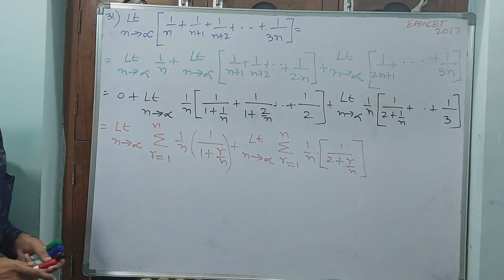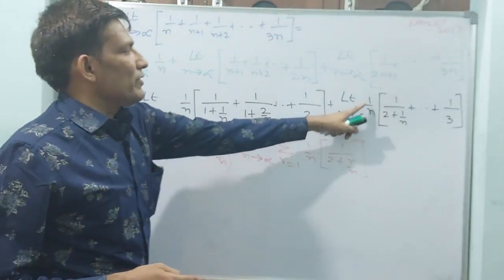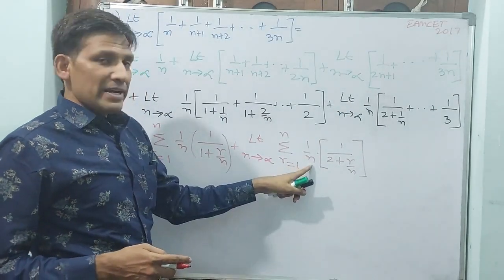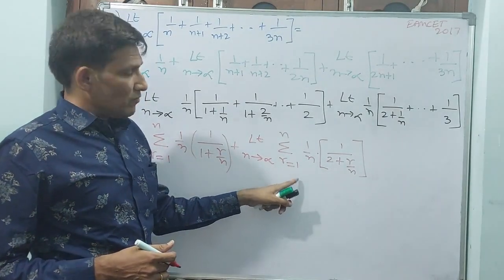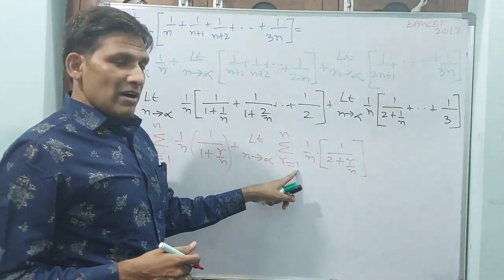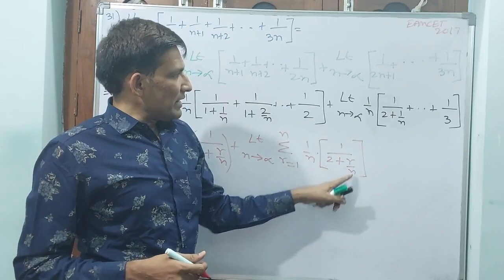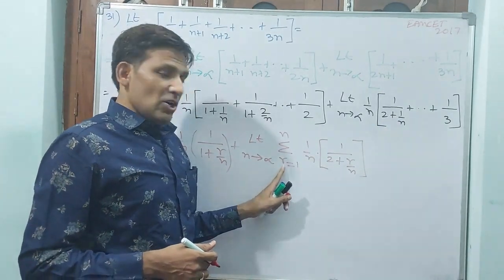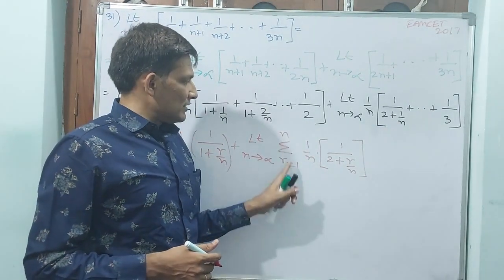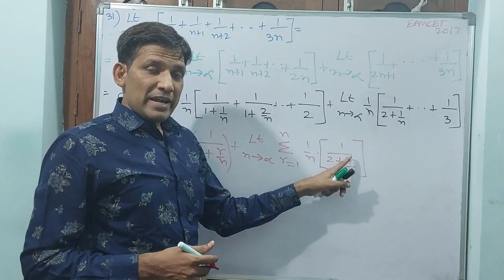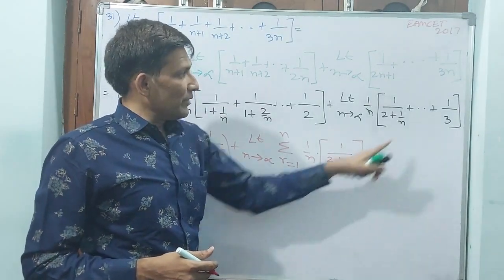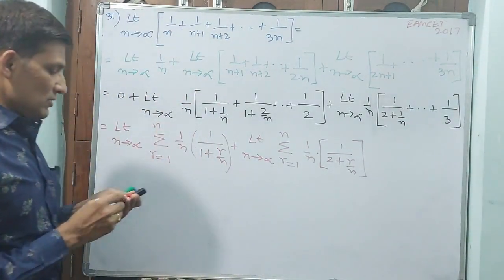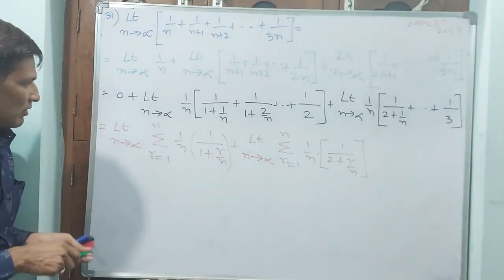First, limit n tends to infinity 1 by n is over. r I have brought 1 to n. First term is r equal to 1, 2 plus 1 by n. Last term is r is equal to n, 2 plus n by n, that means n by n is 1, 2 plus 1, 3. Okay? Over.